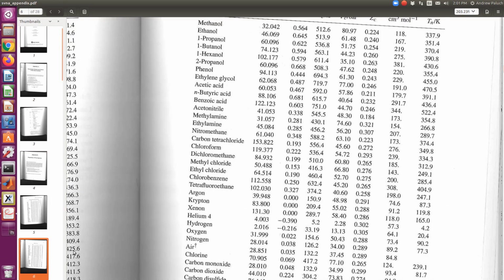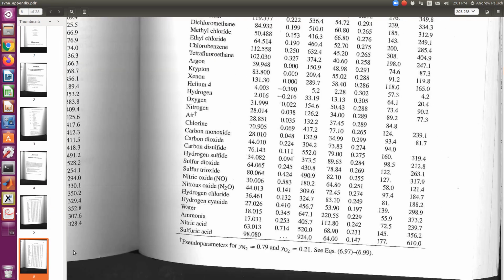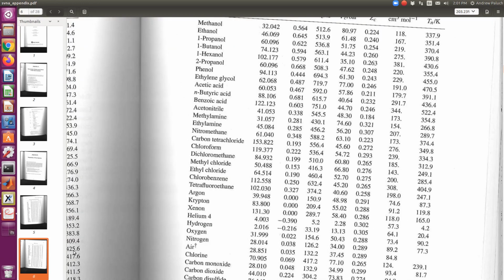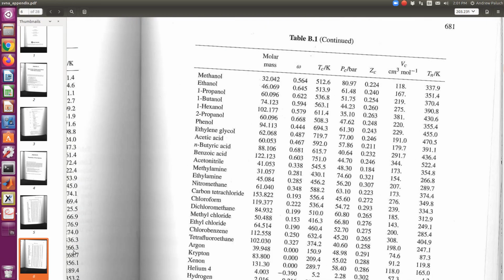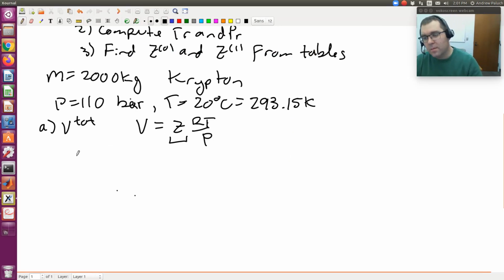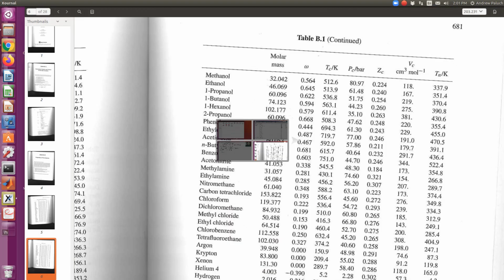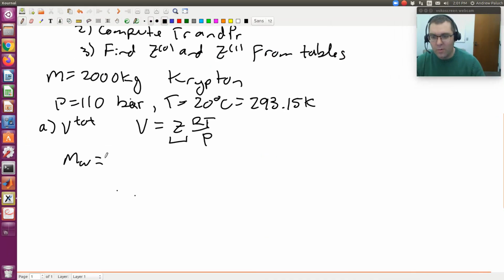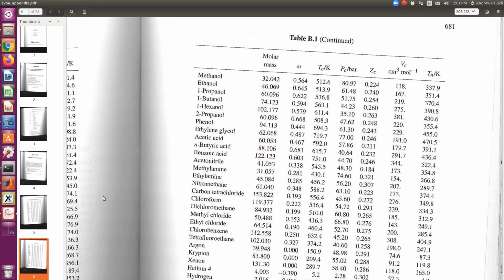Krypton has a molar mass or molecular weight of 83.8. I'm going to write down the molar weight because I'm going to need that to convert from moles to mass. Conveniently for krypton, omega is 0.